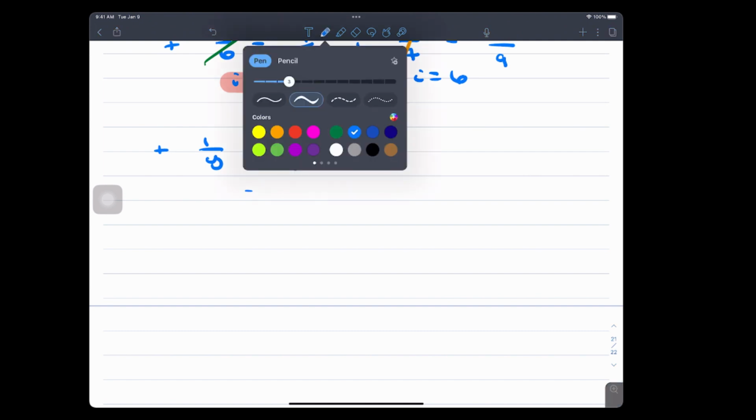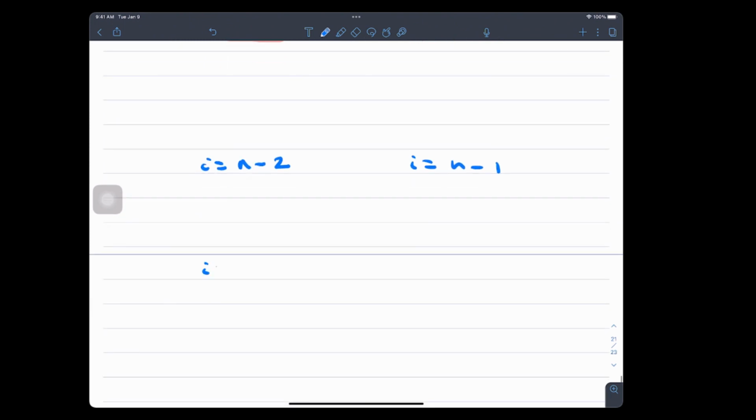So what I'm going to do now is this. I'm going to check this from I being, not n, I'm going to do n minus 2. And then I'm going to check I is n minus 1. Then I'm going to check here I is n.